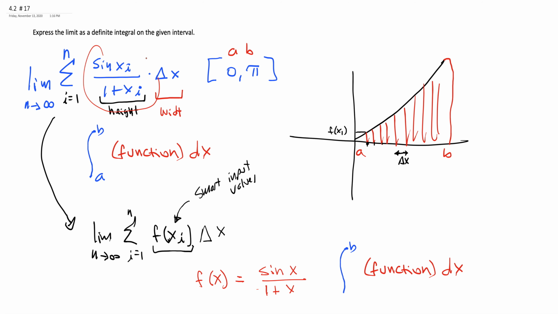It is literally, for the function part, writing the function that I just got right here. So sine of x over 1 plus x. And then from where to where? Well, from 0 to pi. And that's it right there.